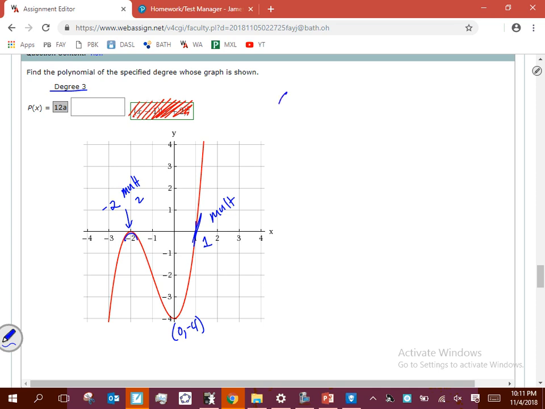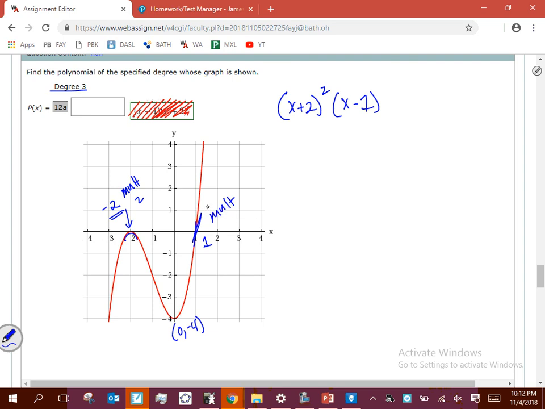So we know that this is that 0. If that's the 0, then x minus that is the factor. So minus a negative 2 would be plus 2. Now it's a double root, so it shows up twice. And then over here we have x plus 1. Sorry, x minus 1. x minus 1 is to the right. x minus that is always the factor.